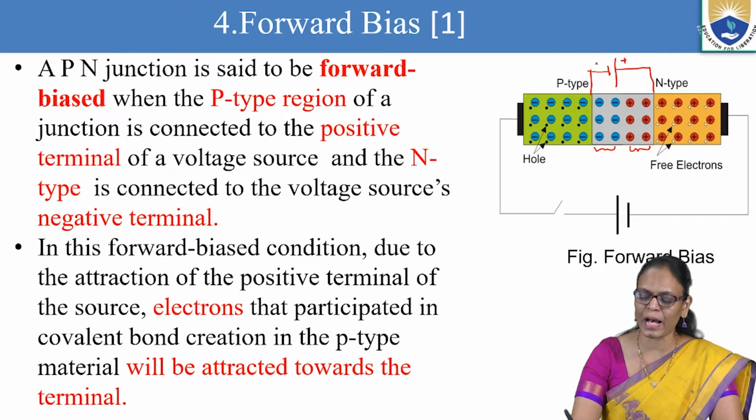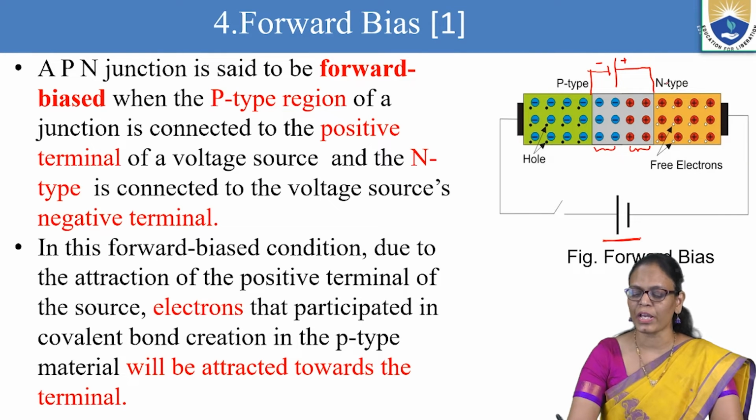This barrier obstructs the further movement of electrons and holes between the N side and P side. So to remove this barrier, we have to supply an external voltage. This is the external supply we give to the PN junction diode in order to remove the barrier. That is what we call biasing. By biasing, we are trying to reduce the potential barrier.